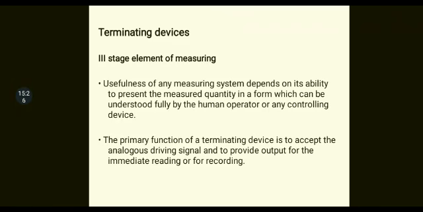Okay, right. Now the other point is, the primary function of a terminating device is to accept the analogous driving signal and to provide output for immediate reading or for recording. In the sense, for example, we switch on the fan.